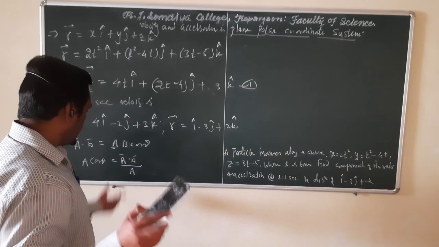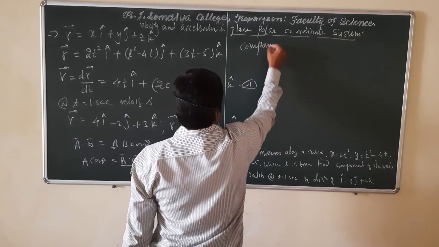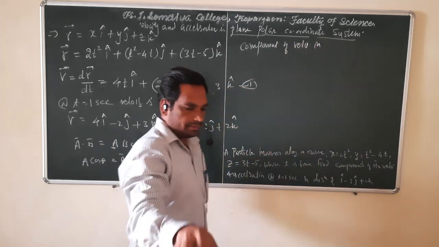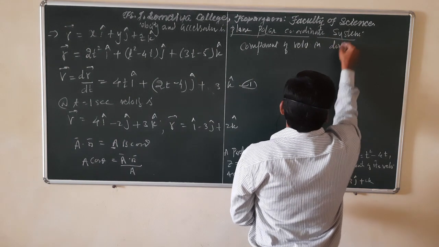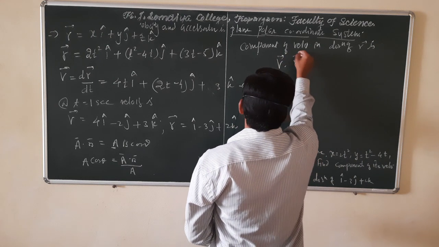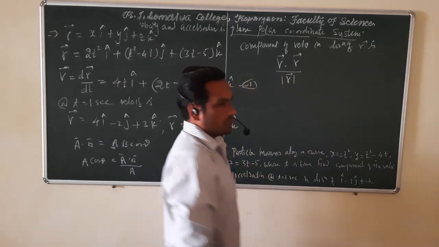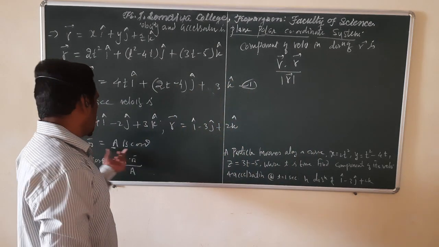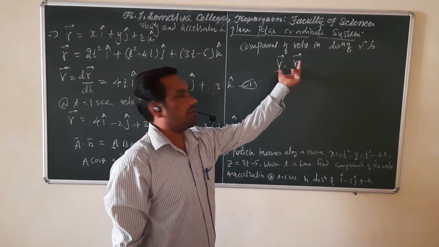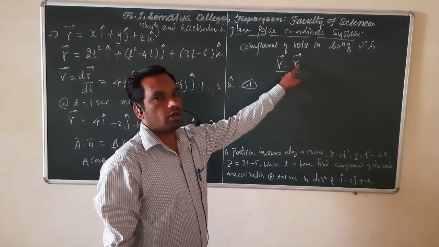By using this formula, the component of velocity in the direction of r is, we have to take the dot product of these two and divide by the magnitude of vector r. See, a dot b, a cos theta. Similarly, if you take the dot product of velocity with r divided by the magnitude of r, it is nothing but the component of velocity in the direction of vector r.